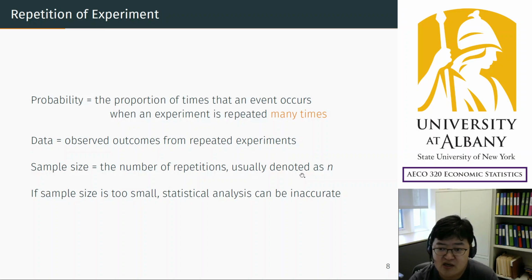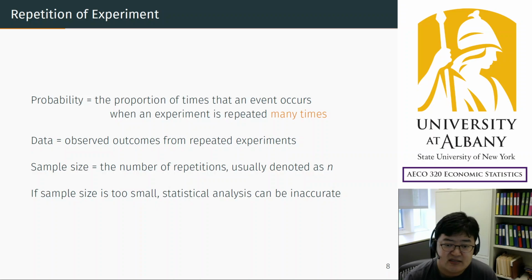And almost always, the sample size is denoted as n, lowercase or uppercase. n, the number of repetitions, is the notation for sample size throughout this course, and any textbook you read will have the same notation for the sample size.